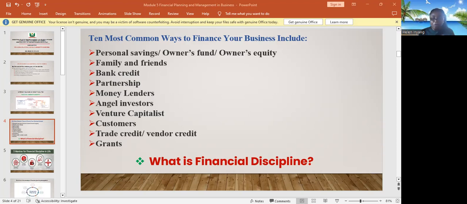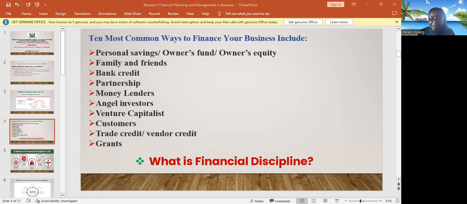Now, sourcing funds from a venture capitalist is a good idea because you get money that does not have to be repaid. You won't repay because they will now be part of the stakeholders, the shareholders, of the business.